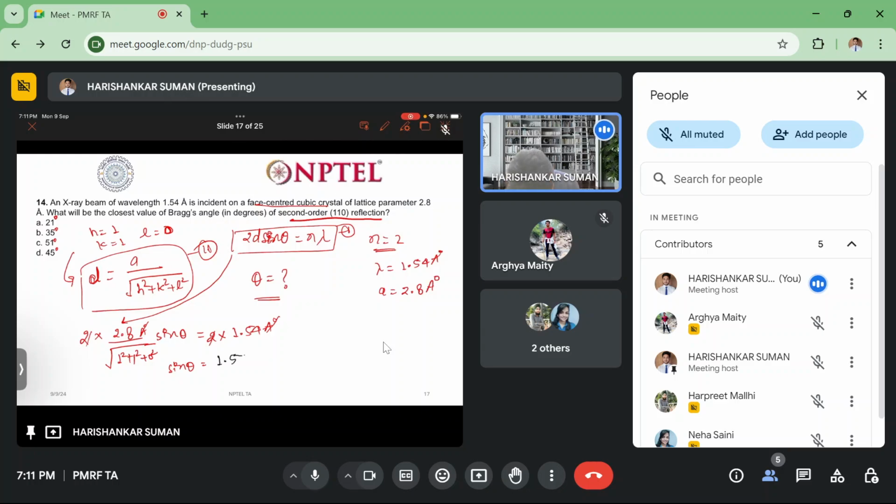Then what is the value? 1.54 divided by 2.8.